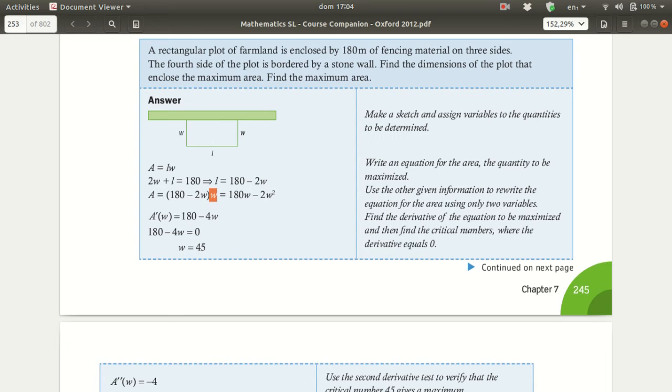To maximize this area, all we have to do is find the critical points by differentiating and setting it equal to 0. The derivative of this function is 180 minus 4W. When we set it equal to 0, we get a critical point of 45.